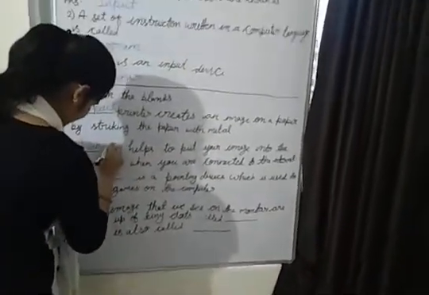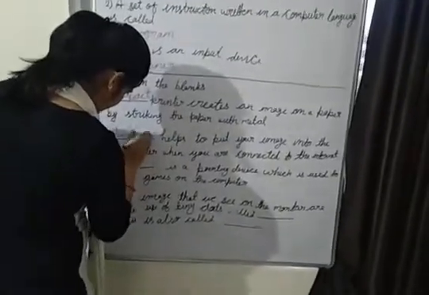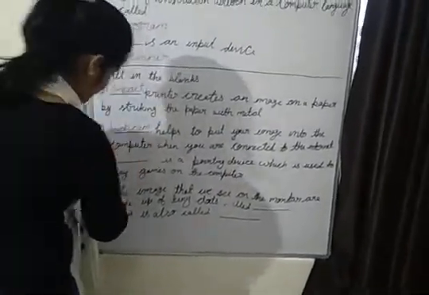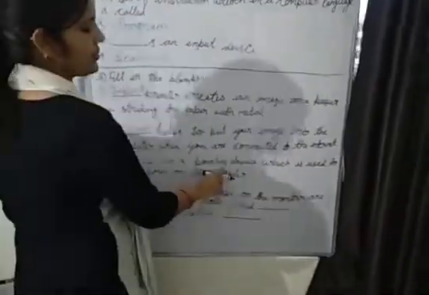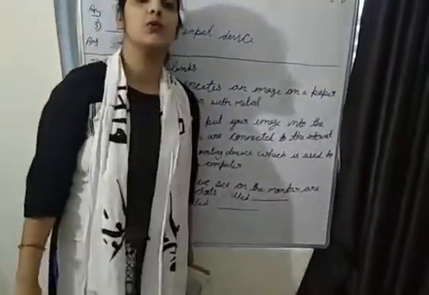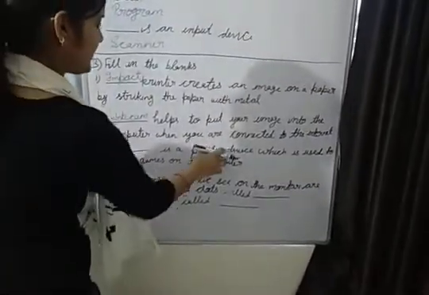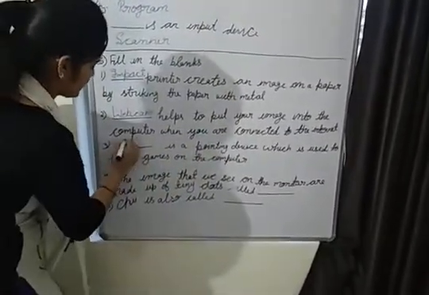Second one, webcam. Third one, this is a pointing device which is used to play games on the computer. So, which is used to play games on the computer? Pointing device is joystick.